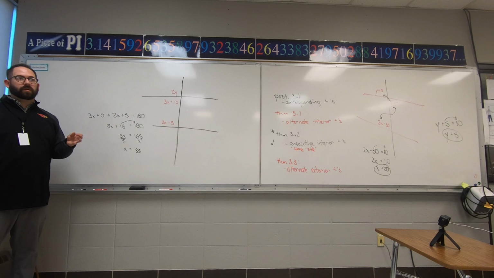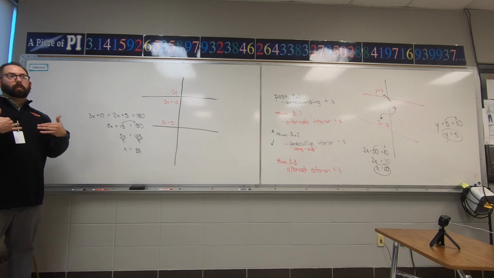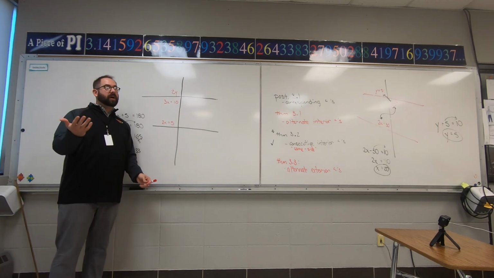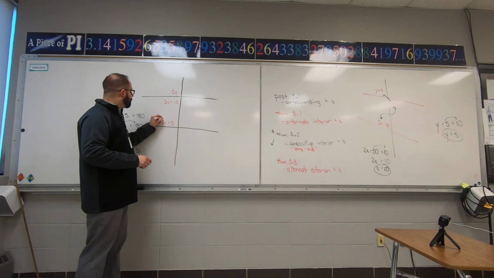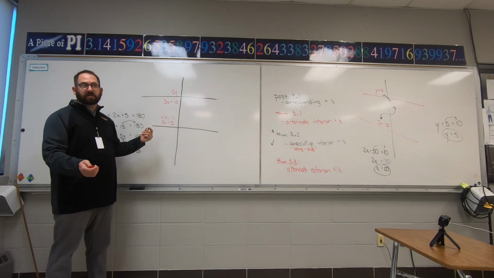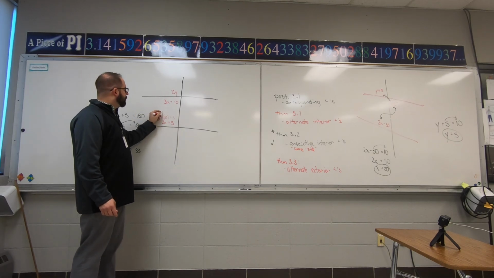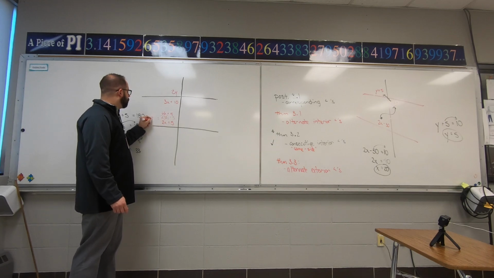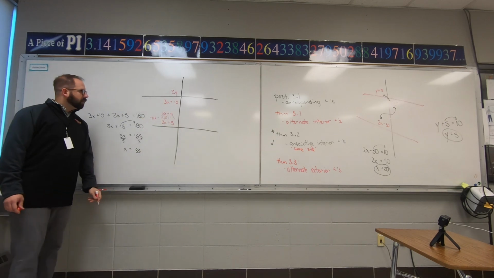You found x is 33. You might have to plug it back in so that I can actually transfer that number around. That's something they don't tell you to do. So you might have to take that 33 we just found for x and plug it back in, and I can plug it in both spots, it doesn't really matter. This turns out to be 66 plus 5, which ends up being what, 71? So that angle is 71 degrees.